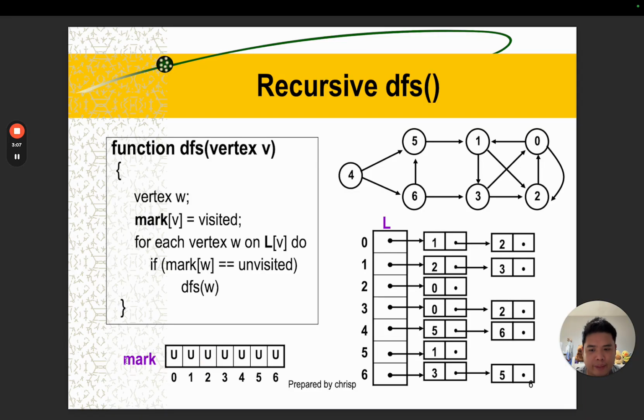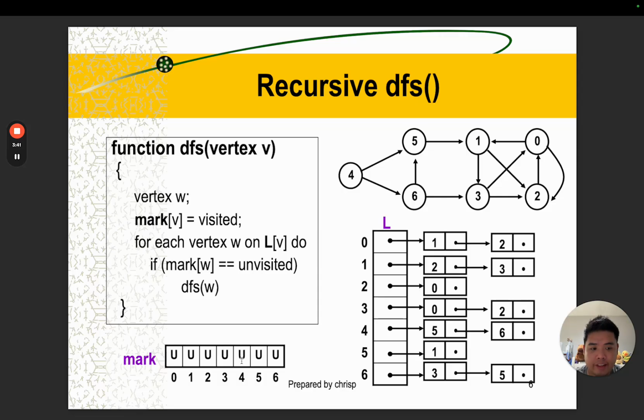So this array contains whether or not we visited a specific vertex. Initially, mark will contain unvisited as the status. What does this mean? It means vertex 0 was not visited, vertex 1 was not visited, vertex 2 was not visited, and so on. So mark initially should be initialized with unvisited.